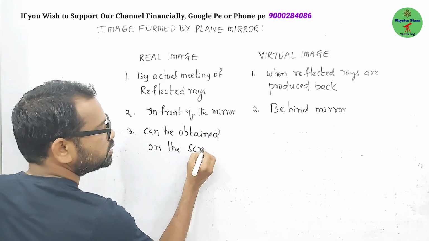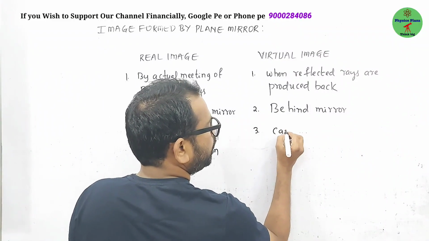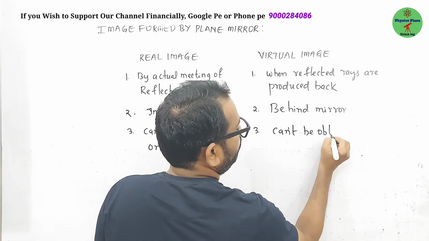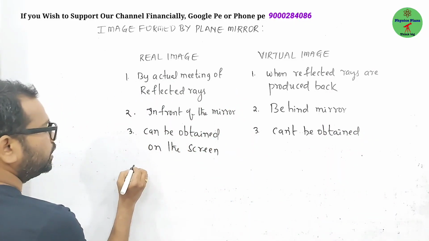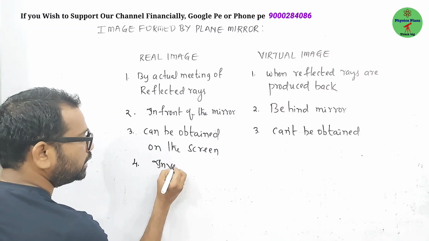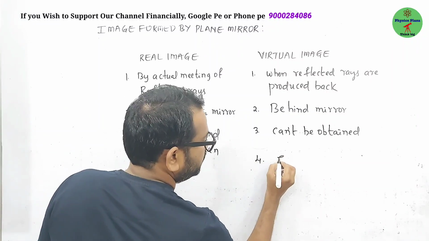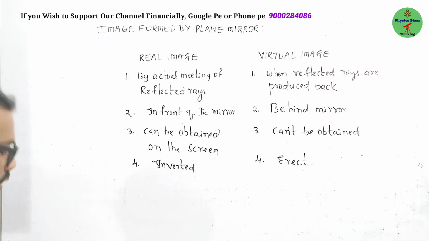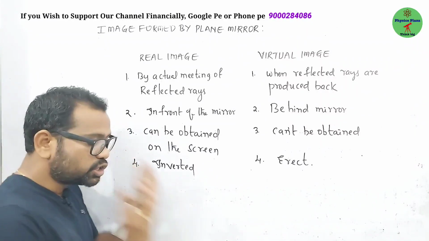Whereas a virtual image can't be obtained on the screen. And the fourth one: real images are inverted, whereas virtual images are erect. That's it. So dear children, these are the differences between real image and virtual image.